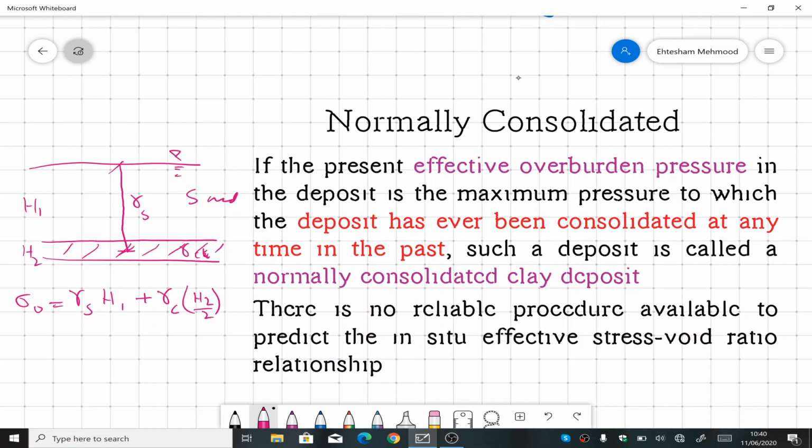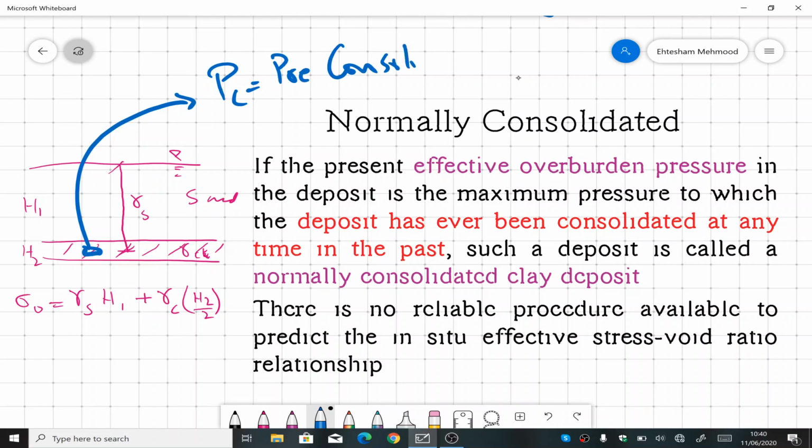Now there is one thing that is actually the property of the clay. If I take a soil sample out of it, I can find out PC, which we call pre-consolidation pressure. We will learn in a while how to find PC for a certain soil sample.